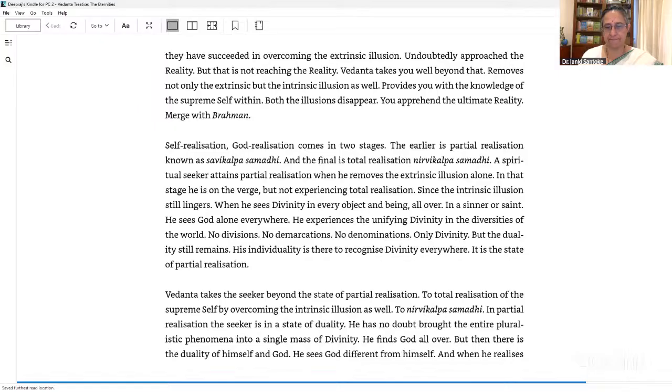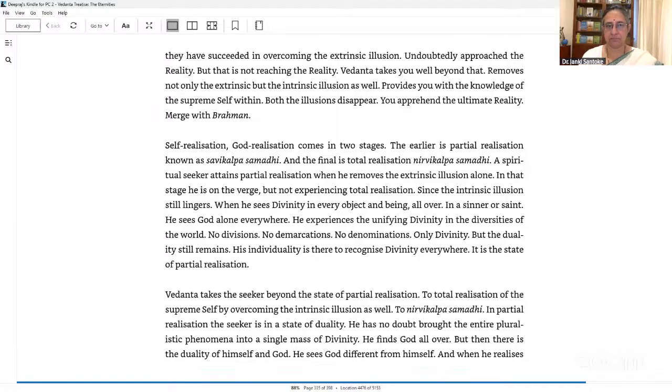Self-realization, God realization comes in two stages. The earlier is partial realization known as Savikalpa Samadhi, and the final is total realization, Nirvikalpa Samadhi. A spiritual seeker attains partial realization when he removes the extrinsic illusion alone. In that stage, he is on the verge but not experiencing total realization, since the intrinsic illusion still lingers.